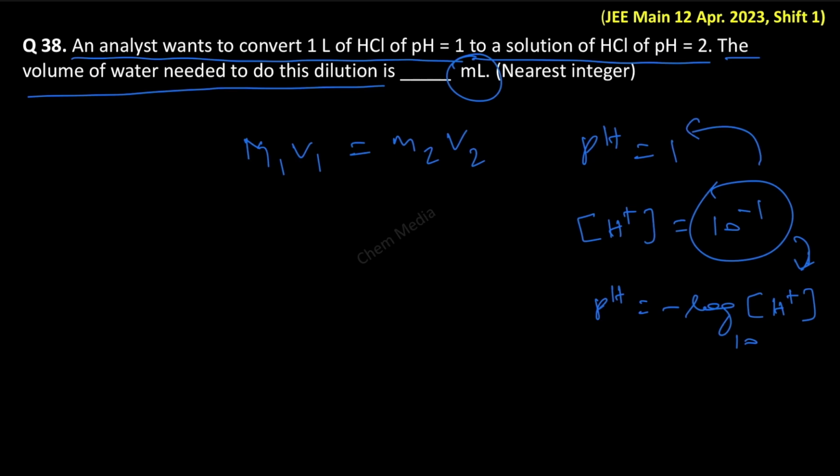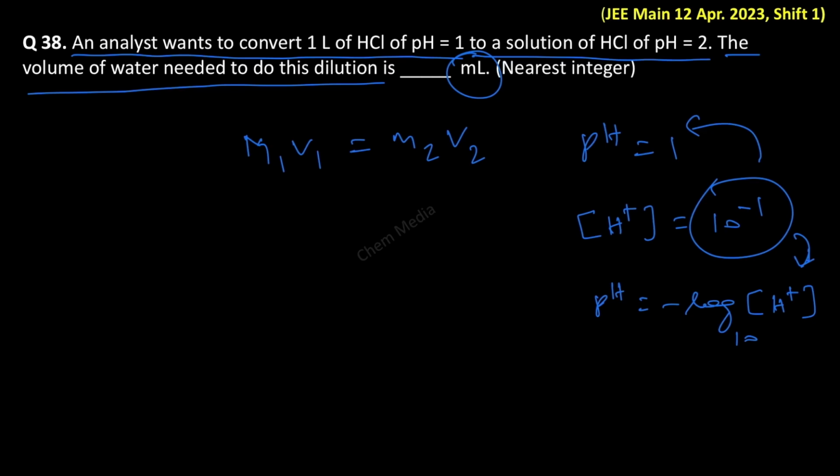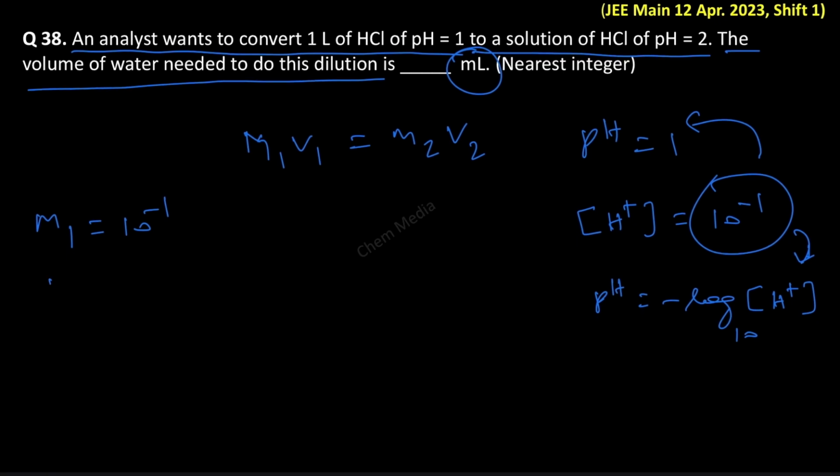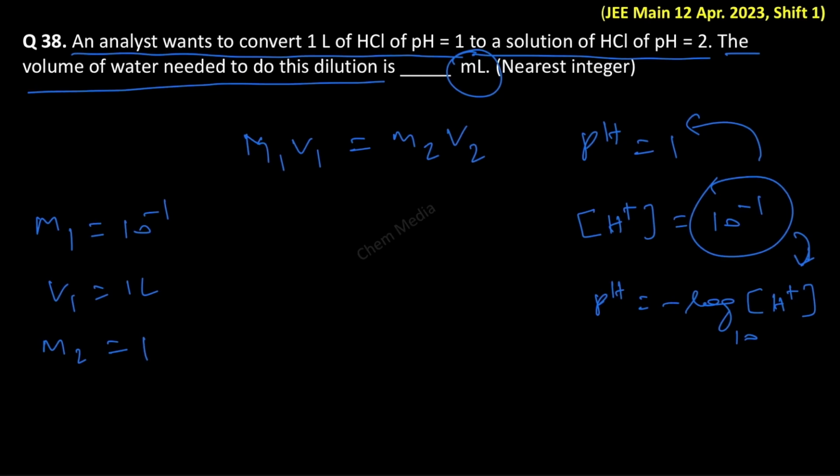Log 10 base 10 is 1. Therefore, initially the molarity is 10 to the power minus 1. Initially the volume is 1 liter, and then the molarity when the pH is equal to 2 is 10 to the power minus 2.